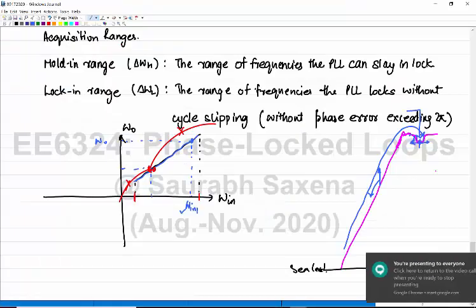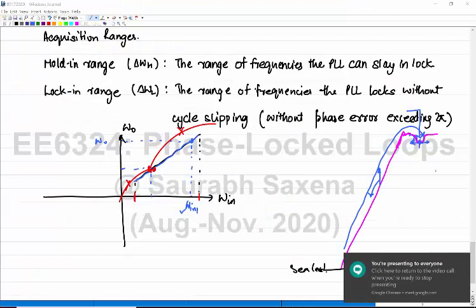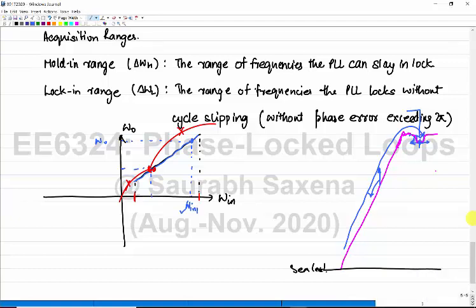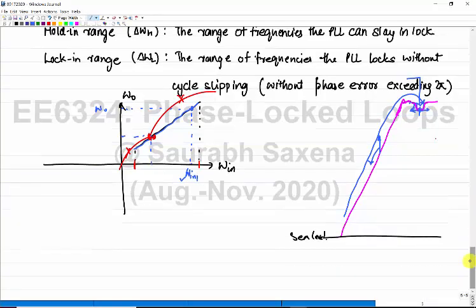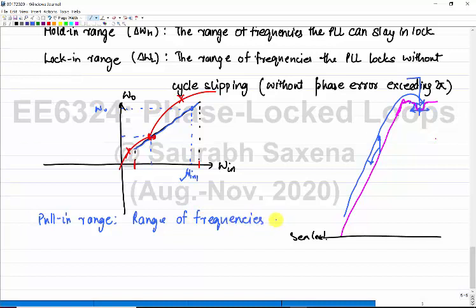Okay. Then the other thing is lock-in range, which is the range of frequencies over which the PLL locks without cycle slipping. As I told you, without cycle slipping means without the phase error exceeding 2 pi. Similarly, you have pull-in range, which is the range of frequencies the PLL locks with or without cycle slipping.